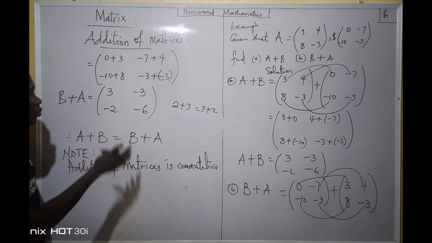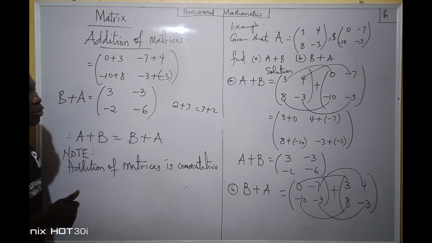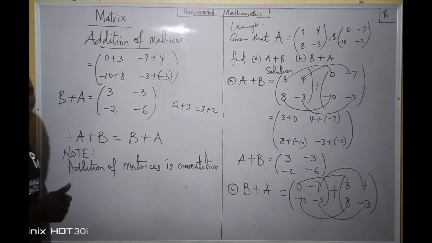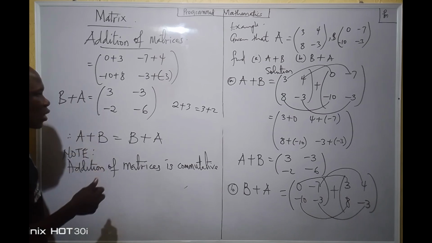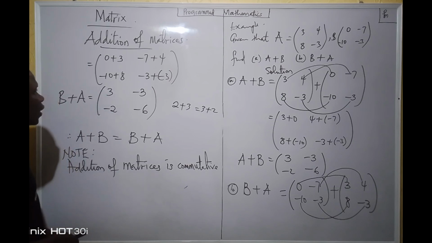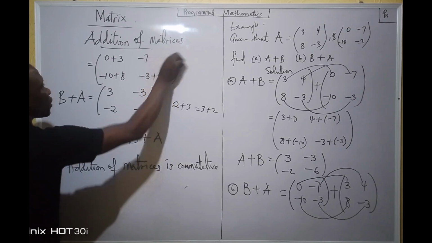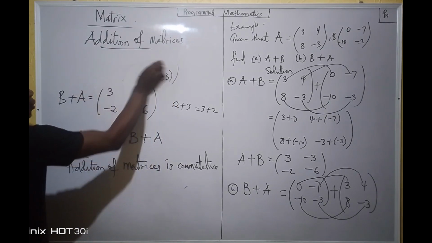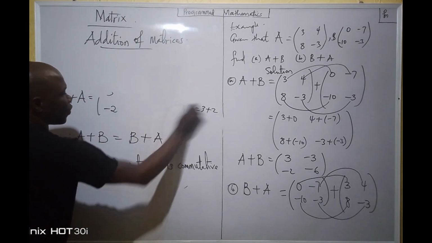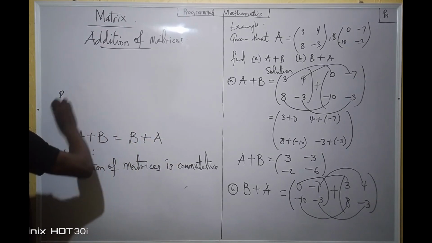If you are asked to find the unknown value in the second matrix, how do we find it? Let's take a very good example on that. I've not been numbering, so let me just call this another example.